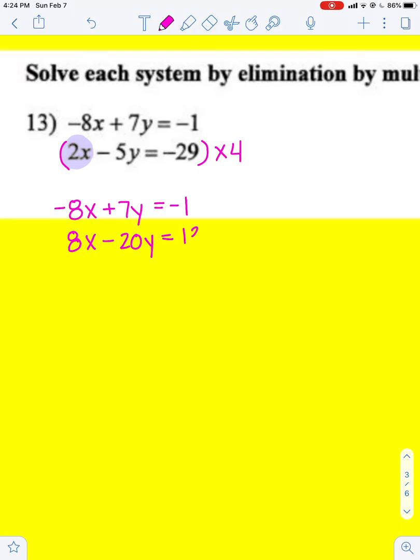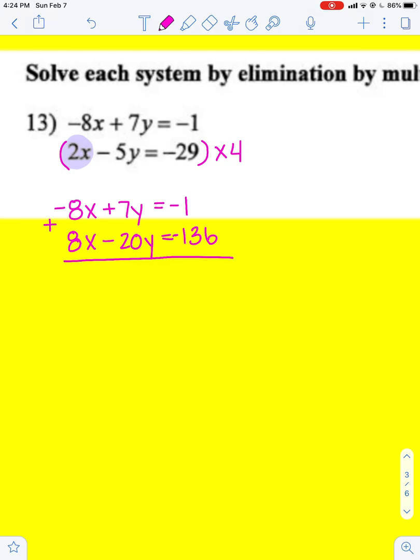No, 136. Let me think. 29 plus 29 would be 68. Yeah, so it should be 136. Okay. Sorry, I was doing that in my head. That took me a minute.